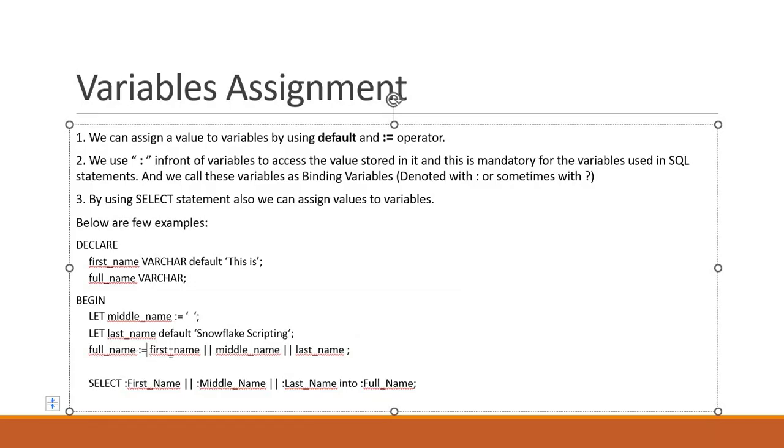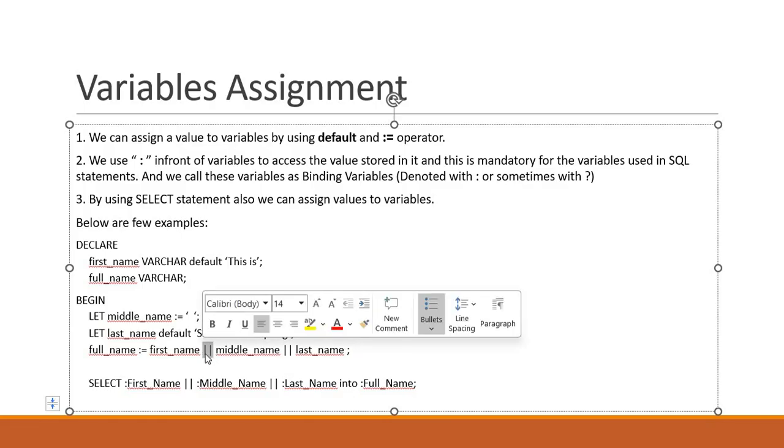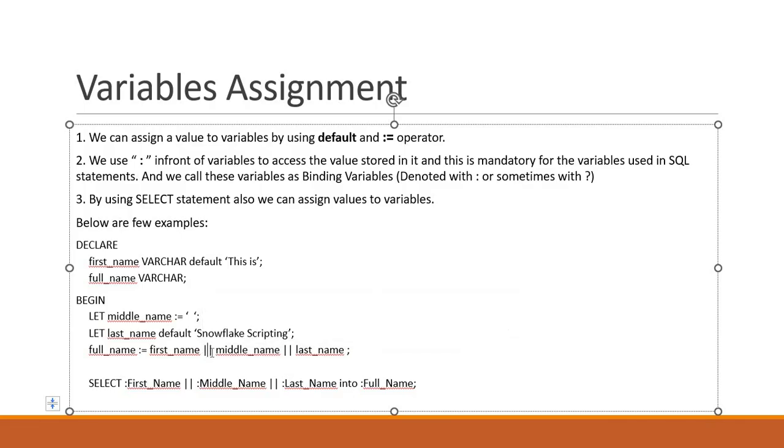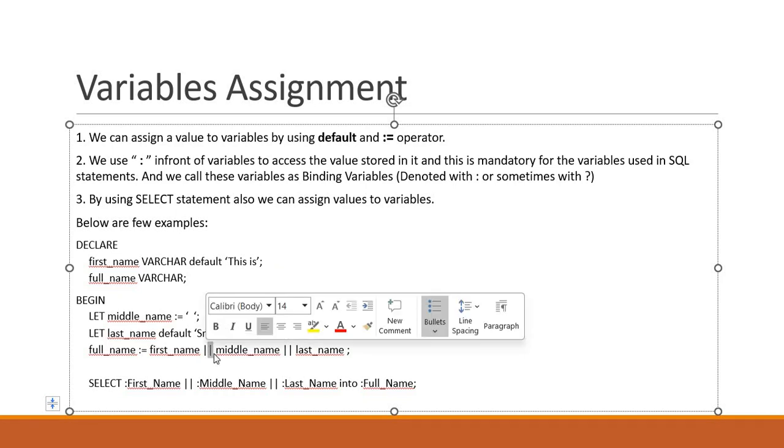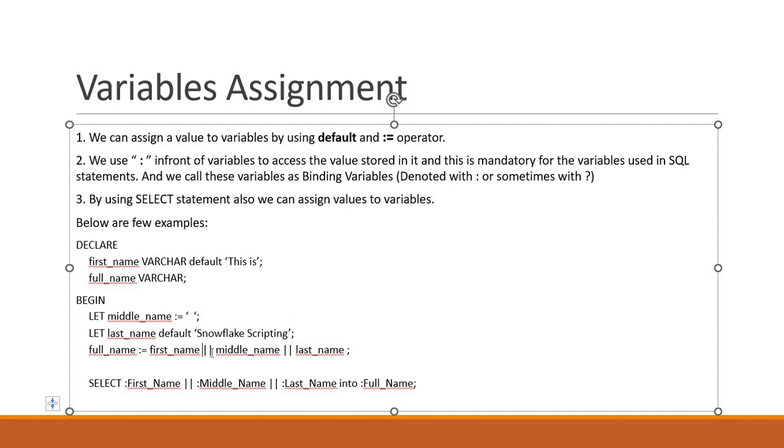So full name equals first name concatenate middle name concatenate last name. What is the symbol I am using for concatenation? This is the double pipe symbol. This is the concatenation operator in most of the databases, and the same in Snowflake as well.